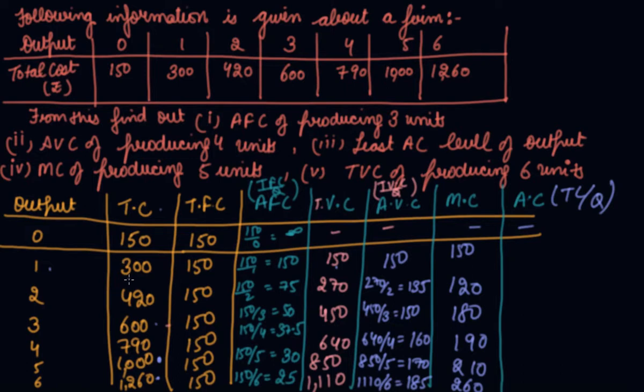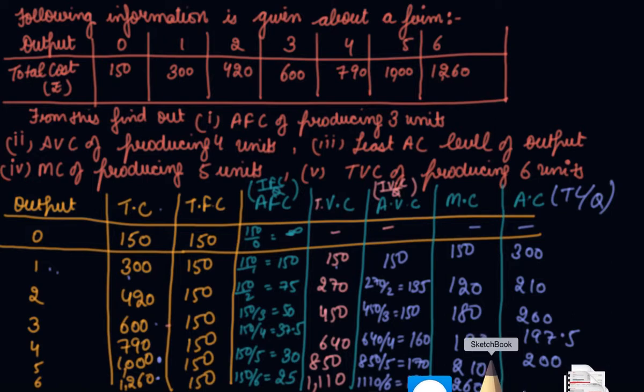Now your total cost is this, your output is this. 300 divided by 1 is 300. 420 divided by 2 is 210. 600 divided by 3 is 200. 790 divided by 4 is 197.5. 1000 divided by 5 is 200. And 1260 divided by 6 will give you 210. So this is how you have made the table. Now you can give the answers of all these.